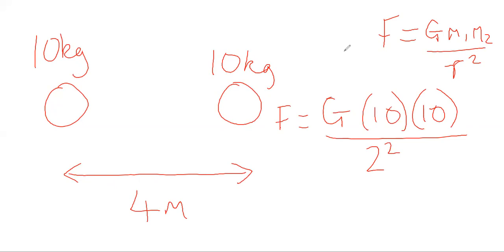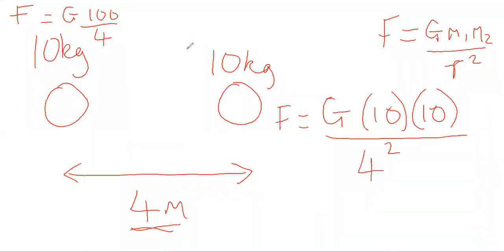Well, if I write this up here in this corner, our force previously was G times 100 over 4. But now we're using 4 meters, not 2. So we've got to change this. This now becomes 4 squared. We've doubled this distance from 2 to 4.